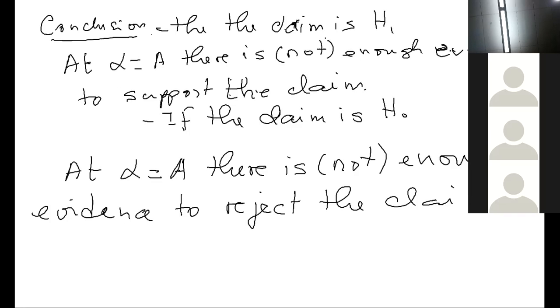So if the claim is H1, our conclusion will be either to reject or not to reject. I'm sorry, if it is H1, it's either to support or not to support. What is the idea here? We say that H0 is the status quo, it's what everybody generally takes. We are used to drinking warm drinks when it is cold. Somebody might now make a claim that it is bad to drink warm drinks when it is cold. That is something unusual. We can support or we may not support.